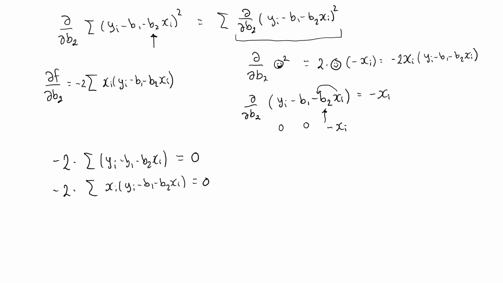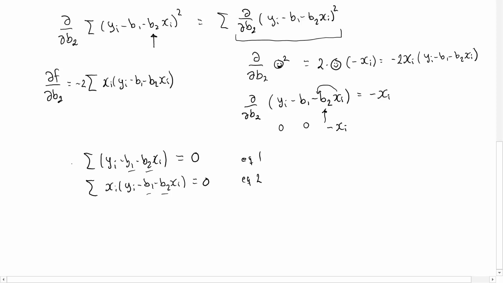We actually have two equations, equation 1, equation 2, and we have two unknowns, b1 and b2. So we'll see that this is actually a linear system and it's not difficult to solve. The first thing we can do is get rid of the minus 2's. I can divide both sides by minus 2 and that's not going to change the solution. So we can get rid of these two.